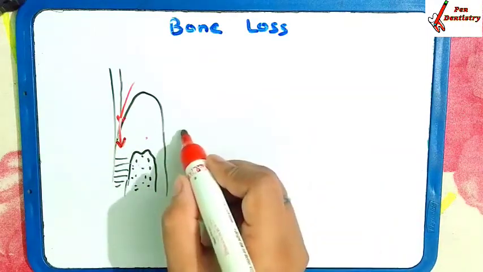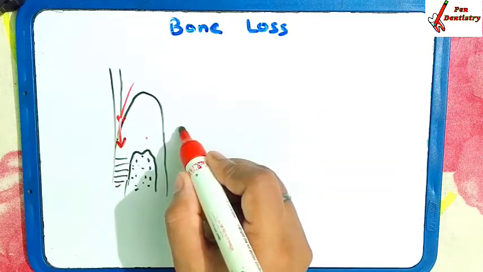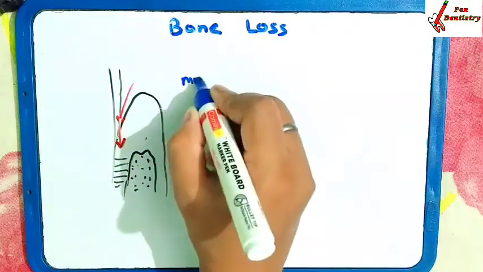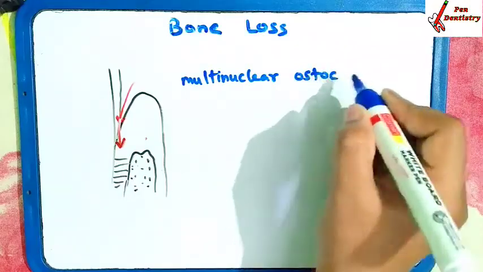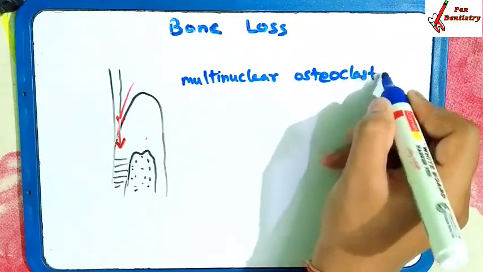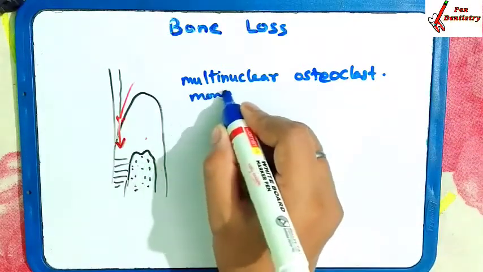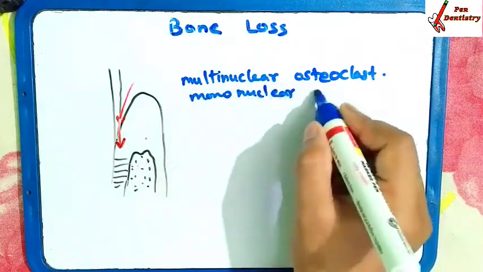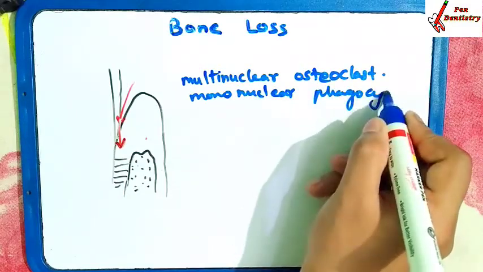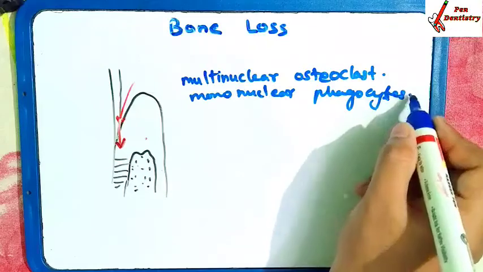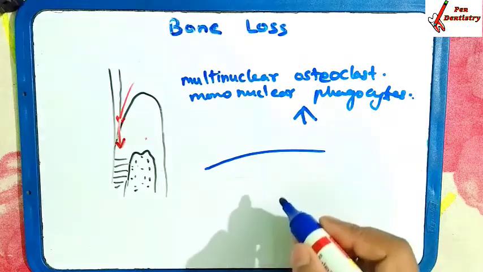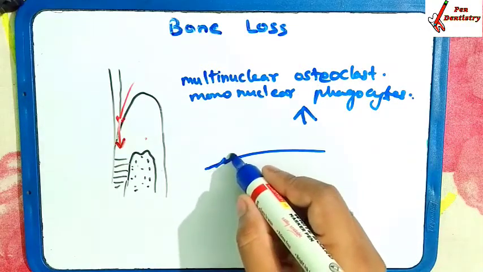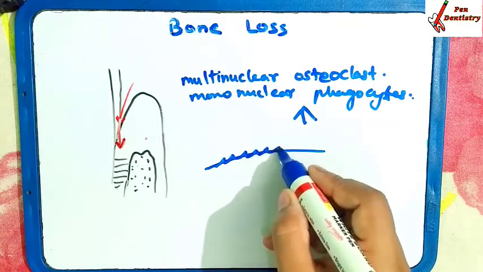The multinuclear osteoclasts and mononuclear phagocytes are increased in number, and the bone surface is lined with cone-like resorption lacunae.